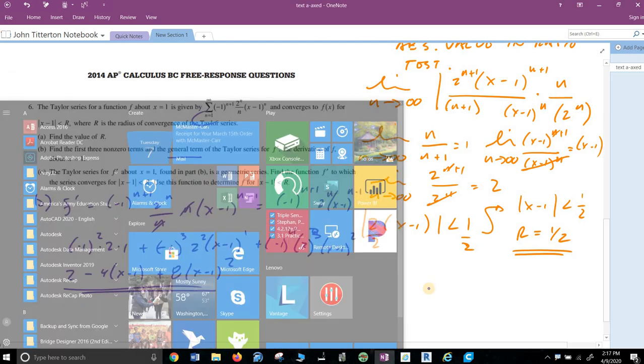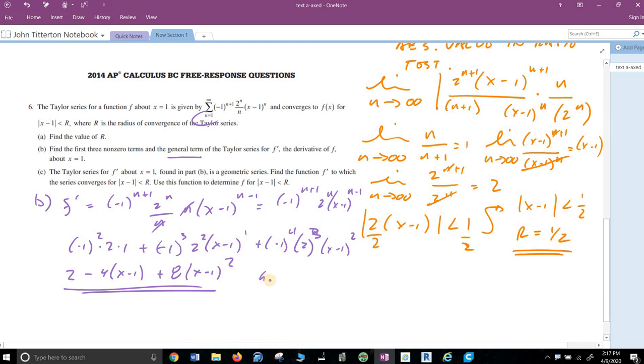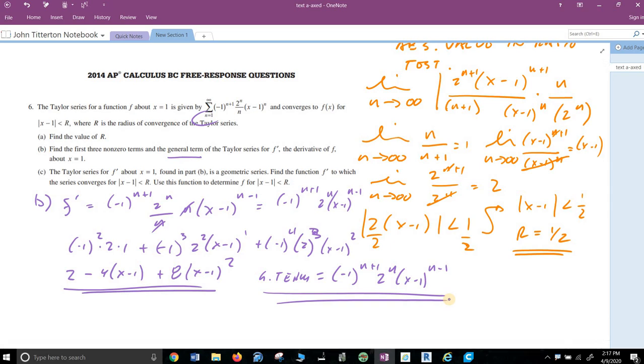And my general term, and I would write that out, is negative 1 to the n plus 1, 2 to the n, x minus 1 to the n minus 1. Let's see, how did I do? Yeah, it looks good.